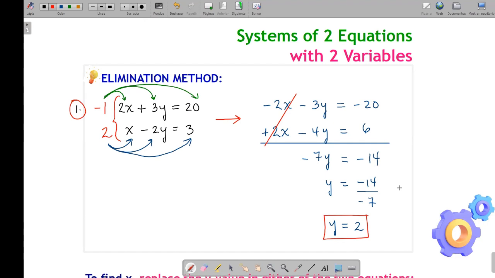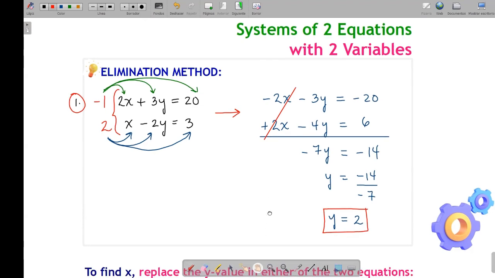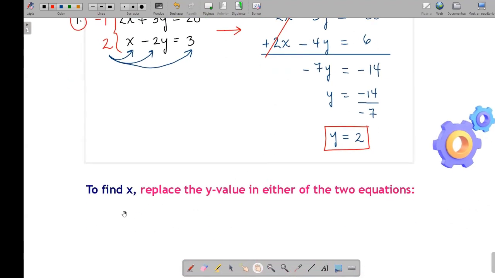How can we find the x value? It says, to find x, you have to replace the y value, your first answer, in either of the two equations. So you are free to choose the equation you want. I'm going to choose equation 2, because it has small numbers.